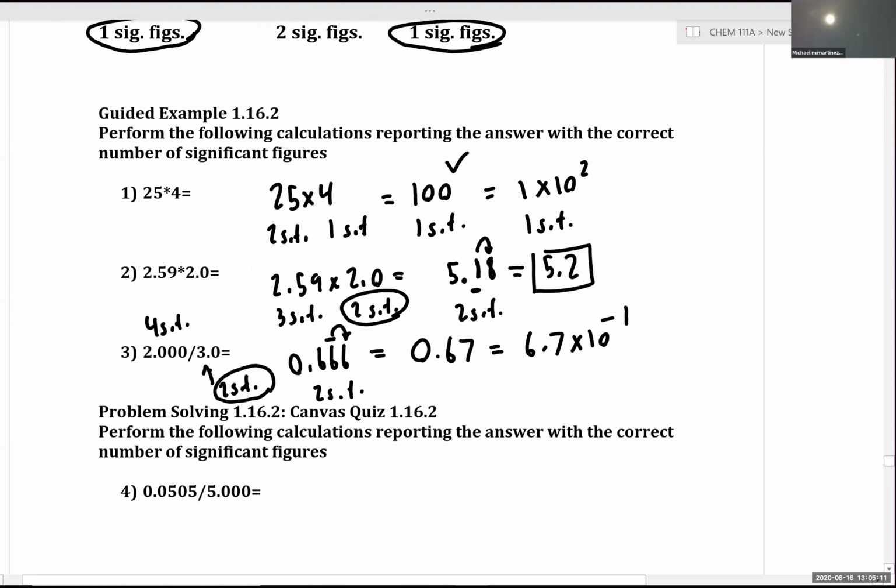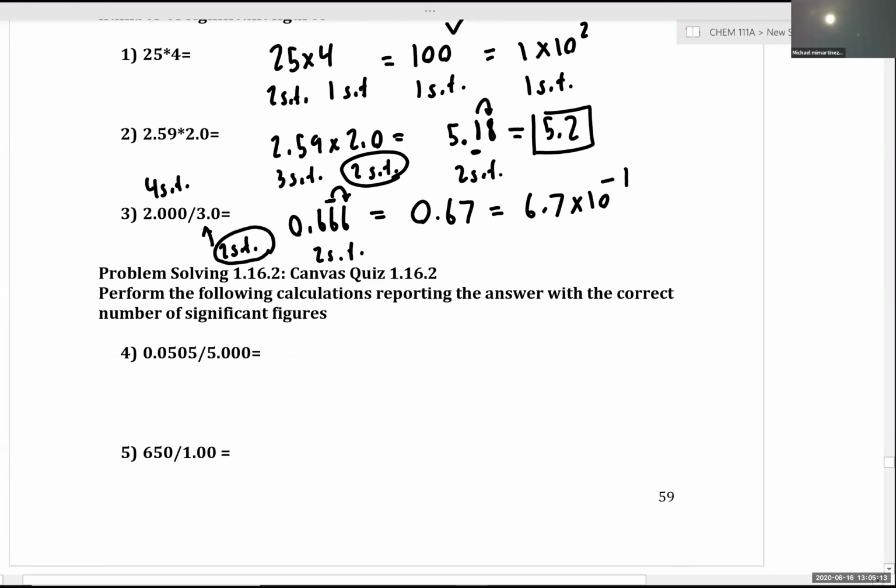If not, let's try this out on the following examples. This is found in Canvas quiz 1.16. This will be our second problem solving exercise in this module. Let's try to report the following answers to the correct number of significant figures. You're welcome to submit your responses in the chat or via the Canvas quiz feature.